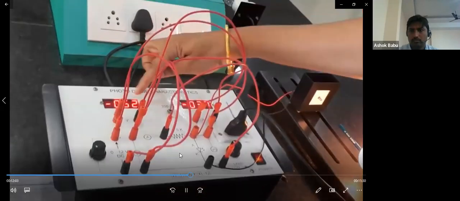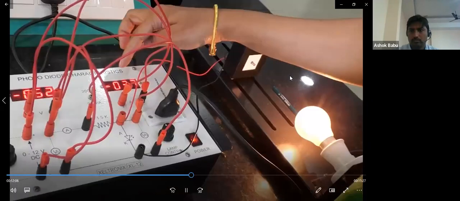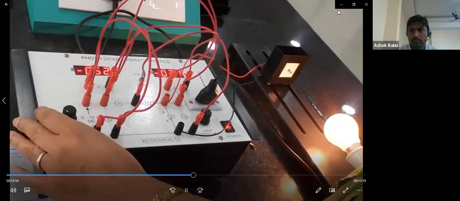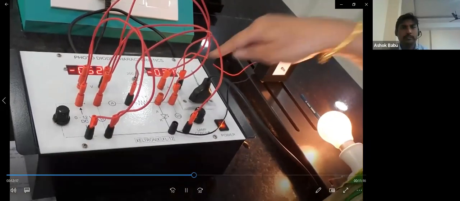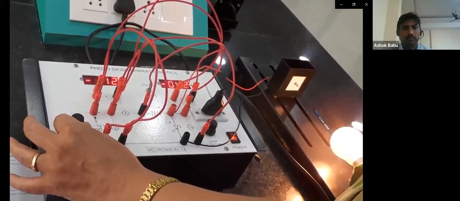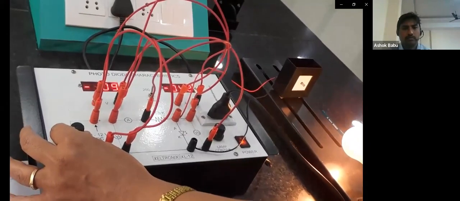Let us put minus 0.5. We see it as minus because we are doing it in the reverse bias. So in the reverse bias, we read the voltage as negative and also the current negative. For a voltage of 0.5, you have a current of 3.7. So let us now increase in incremental steps of 0.5.